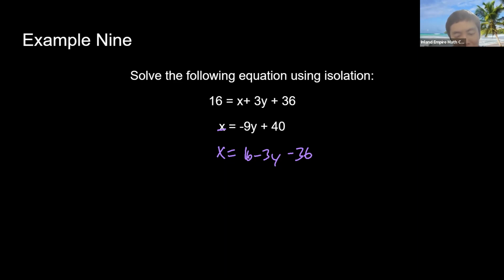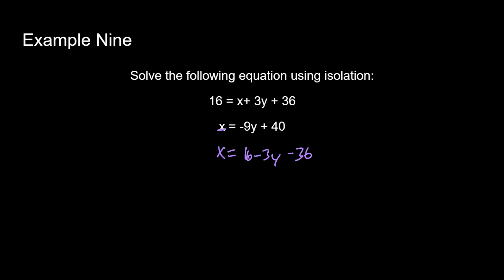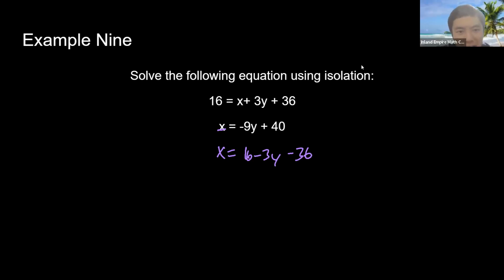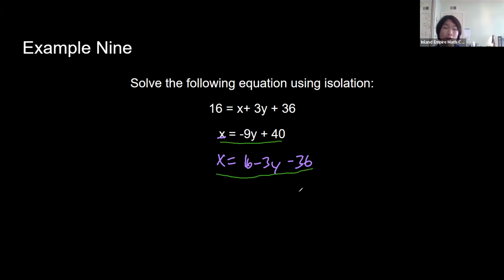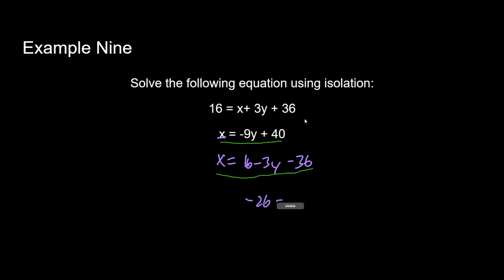So if you turn x into that, what would 16 minus 3y minus 36 equal? 26 minus 3y. I think you're on the right track, Kevin, but I just want to underline these two equations for you. Yeah, so Kevin, Kaden, you're right. You can simplify the side here. You can simplify it to negative 26 minus 3y.